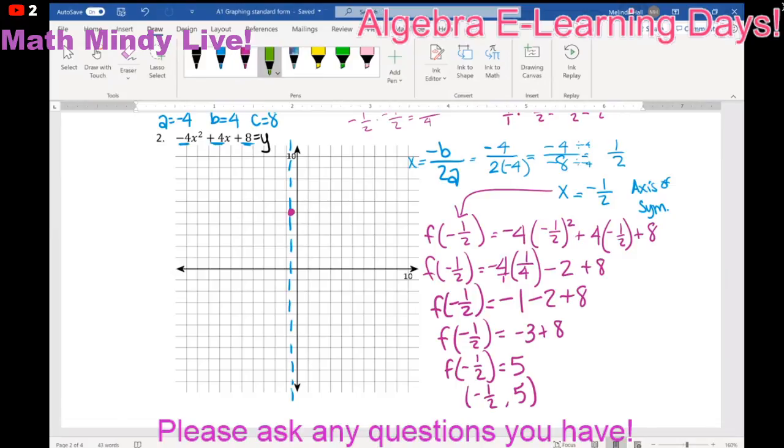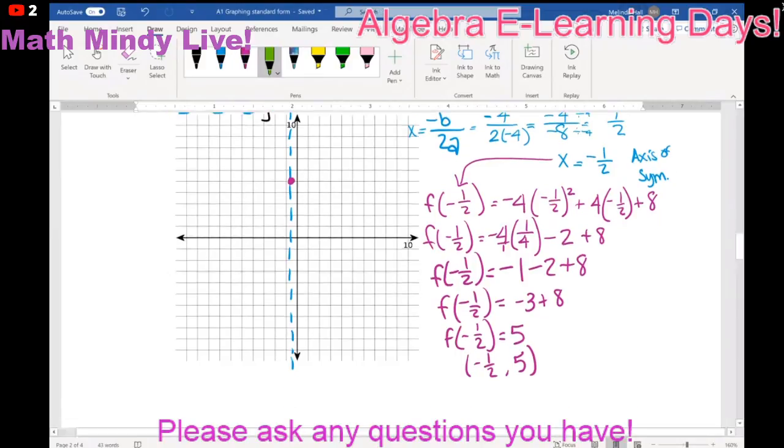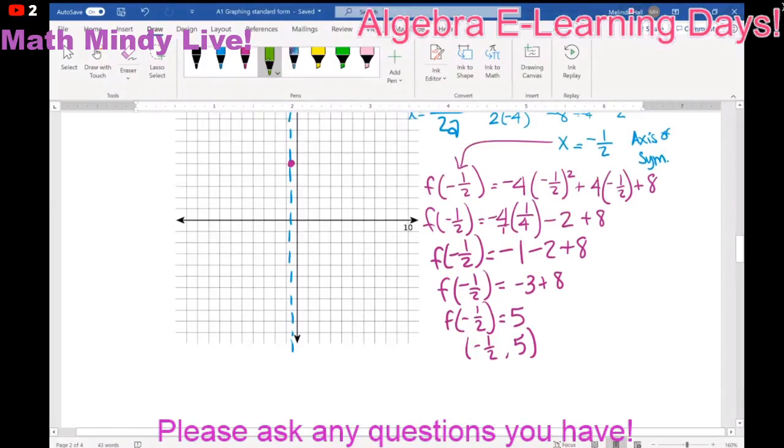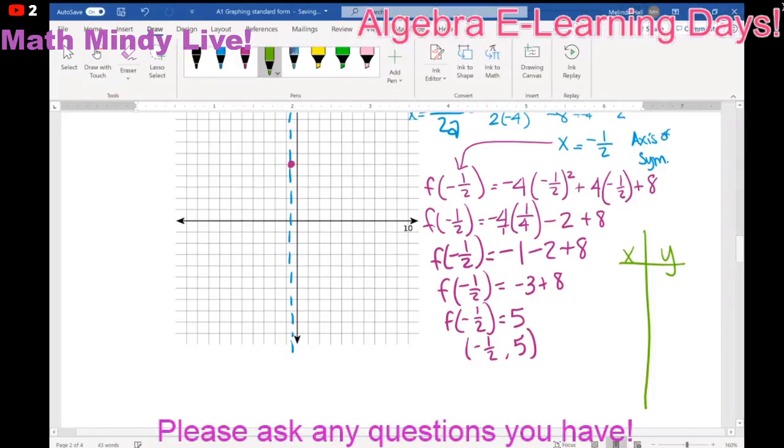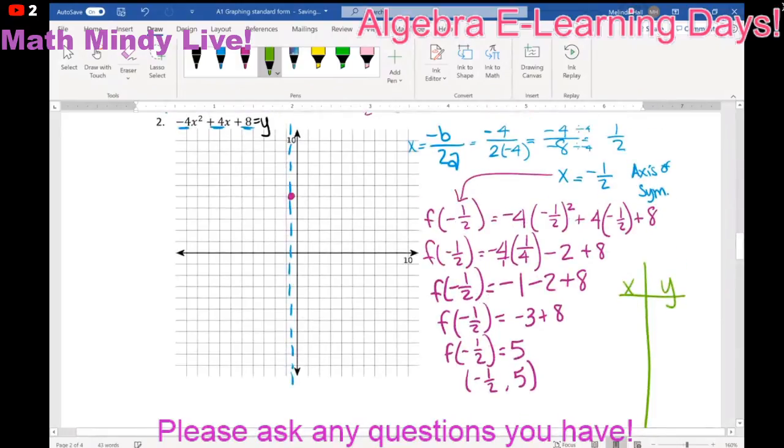And so when we plug into a table of values, all we're doing is plugging in to that same equation, but we don't have to plug in fractions the entire time. So negative, and then negative, because those are on both sides of that axis of symmetry.